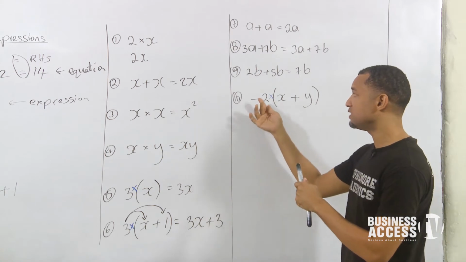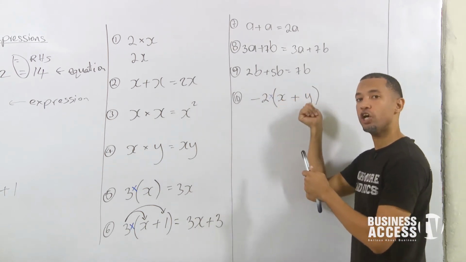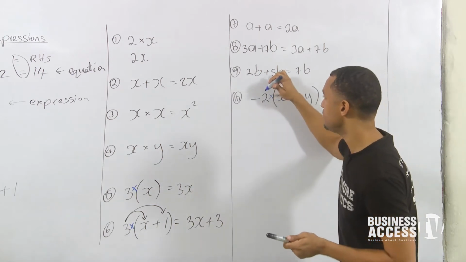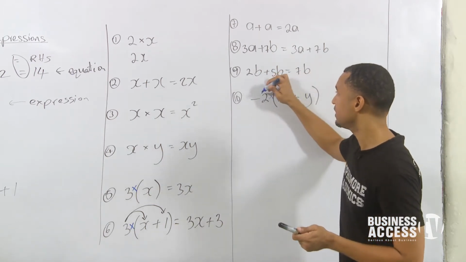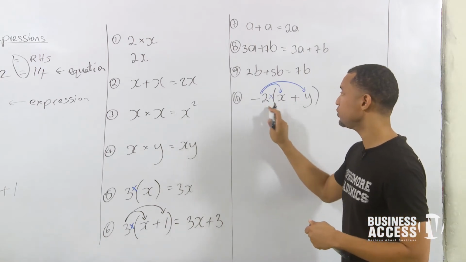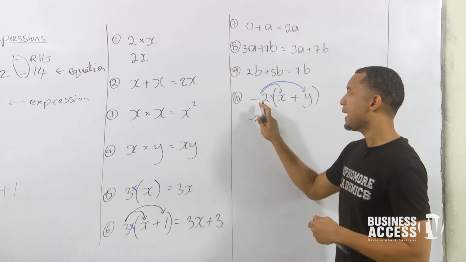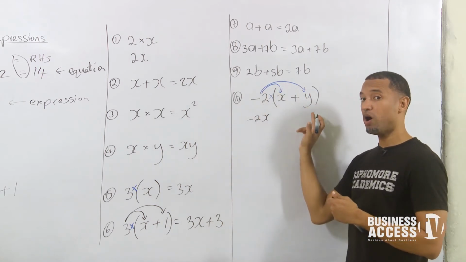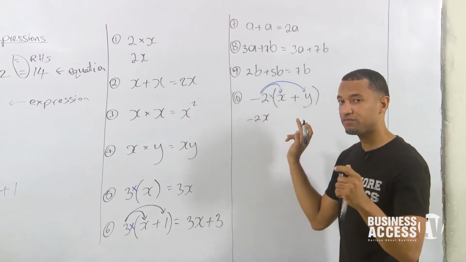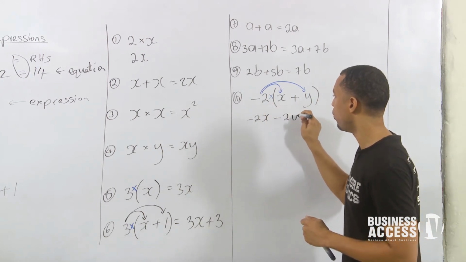So what this means is you use what's on the outside to multiply each term that is on the inside. So it's going to be negative 2 times x and negative 2 times y. Negative 2 times x gives you negative 2x, and negative 2 times positive y. What's negative times positive? It's negative. So this is going to be negative 2y.